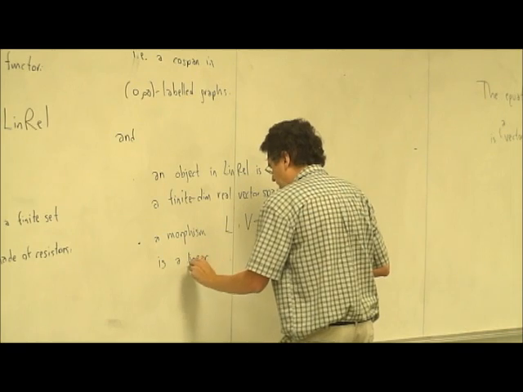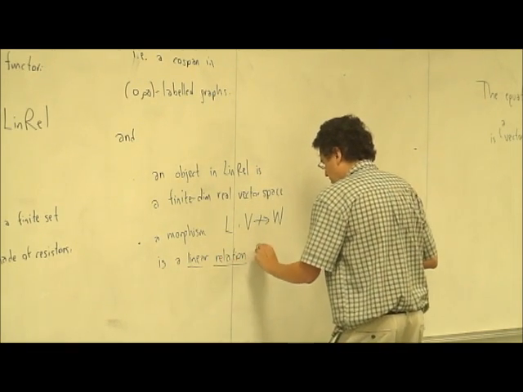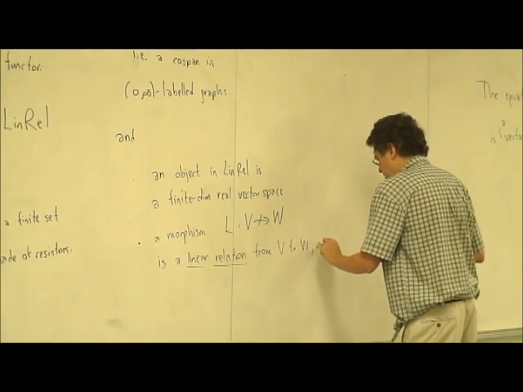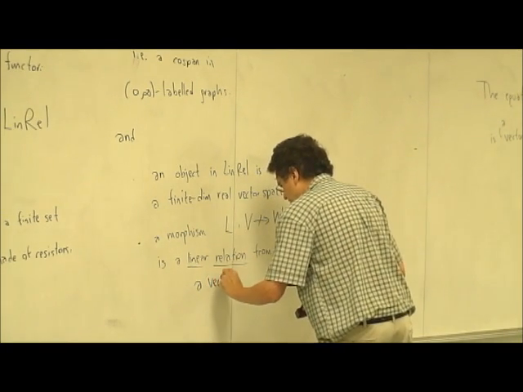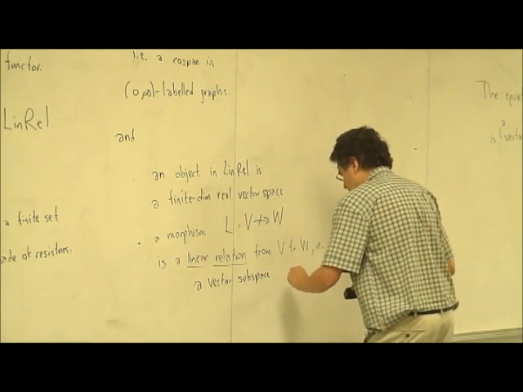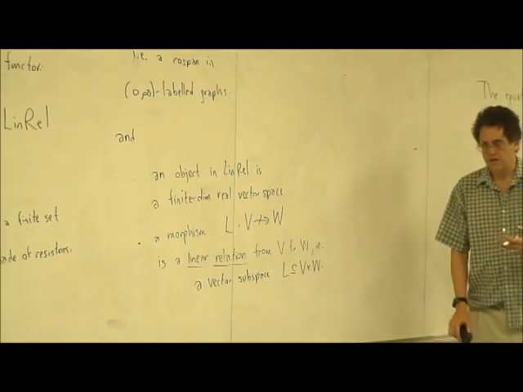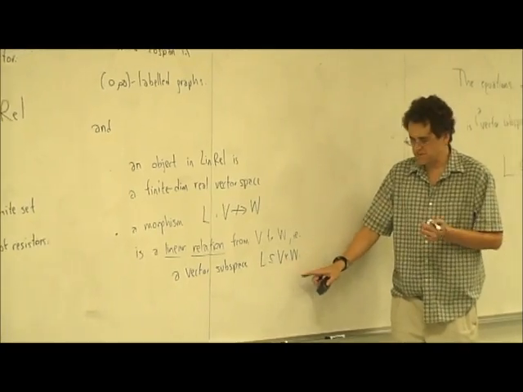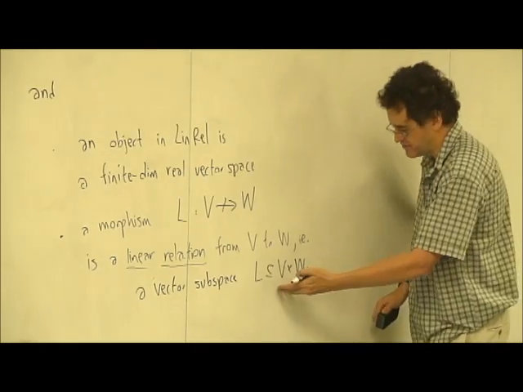So it's a linear relation, not a linear function, from V to W. So what that means is it's a vector subspace of V times W. So, right, when you've got a function, you get a relation, sometimes called its graph, which is the set of all ordered pairs where the second guy is the function of the first guy.